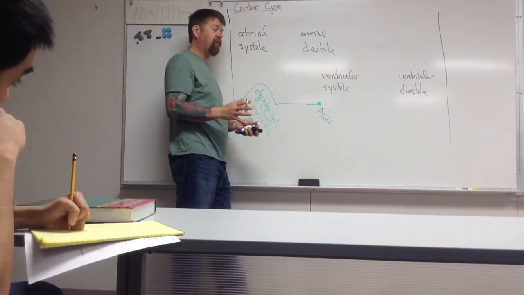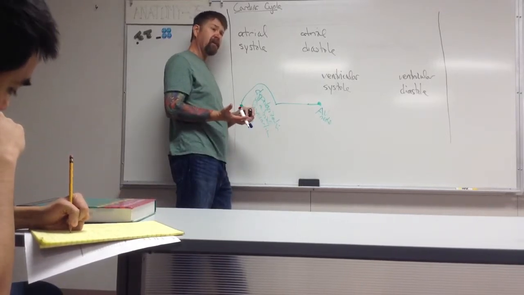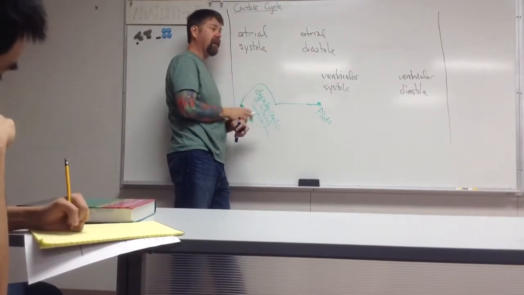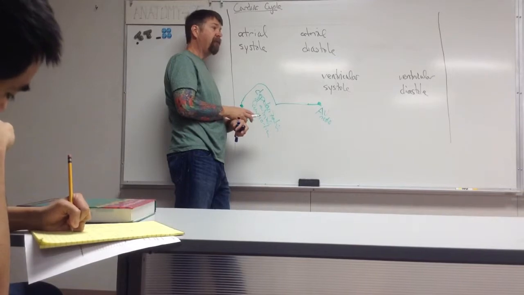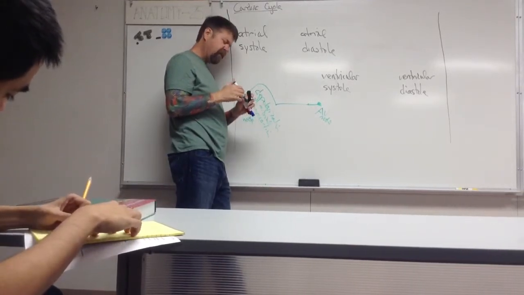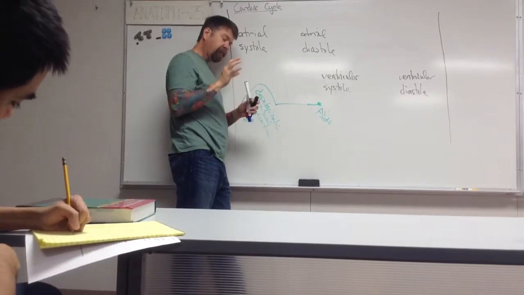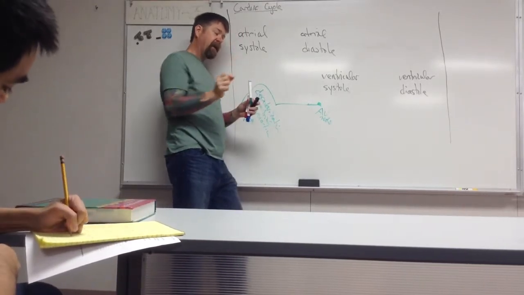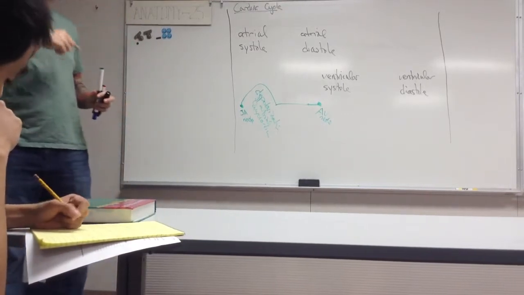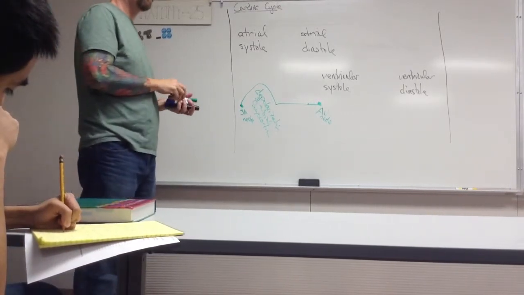Now, where is there more muscle tissue, atria or ventricles? Ventricles, so we would expect the electrical event to be a greater event because there's more cells. And furthermore, in the ventricles, and I think we might have mentioned this, but I really can't remember, there are modified muscle cells whose job it is to transmit electrical signals within the muscle tissue.